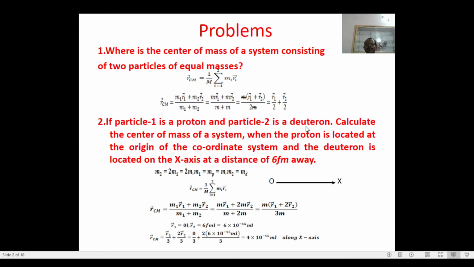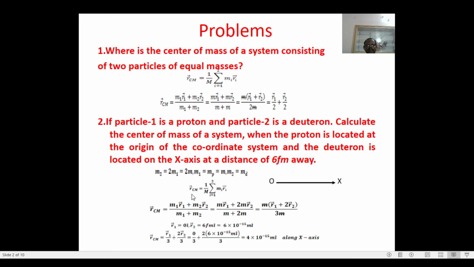Deuteron is an isotope of hydrogen with 1 neutron and 1 proton. So therefore, the mass of deuteron is twice the mass of proton. Now m1 is the mass of proton, which is taken as m, and m2 is the mass of deuteron, which is equal to 2m.